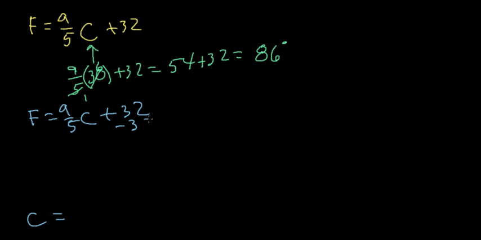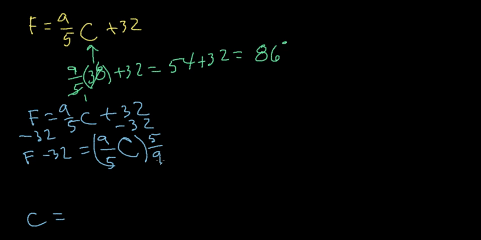Well, you subtract 32 from both sides. And so you have F minus 32 equals 9 over 5 times C. Well, if you multiply by the reciprocal, 5 over 9, then this cancels, this cancels, this cancels, and this cancels, and you're left with C all by its lonesome over here.